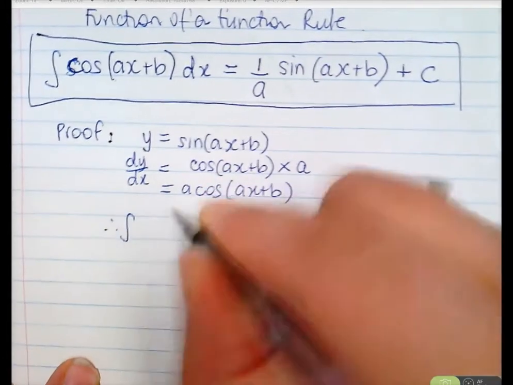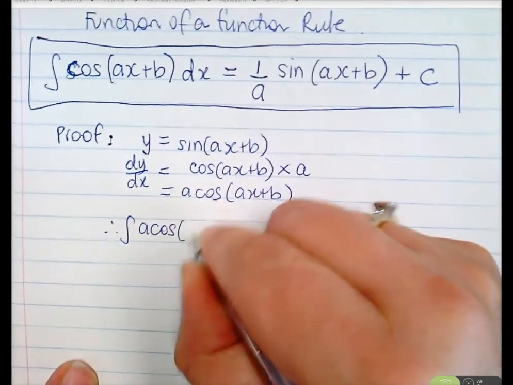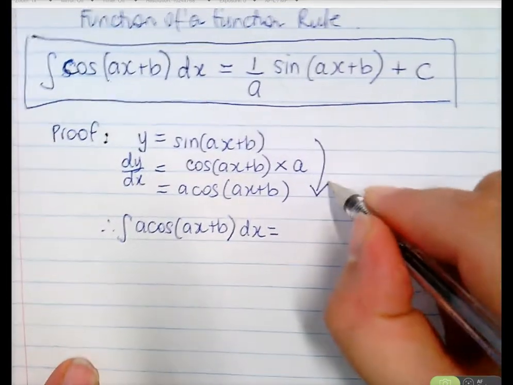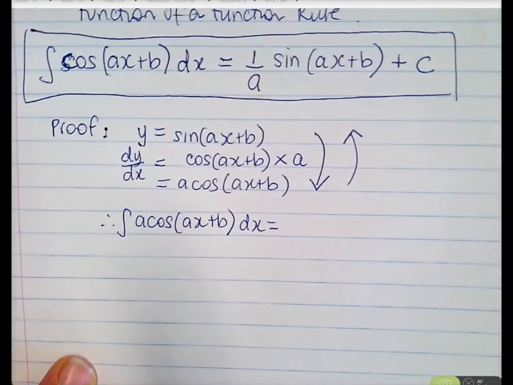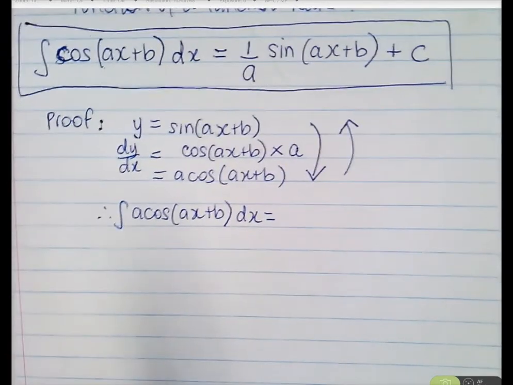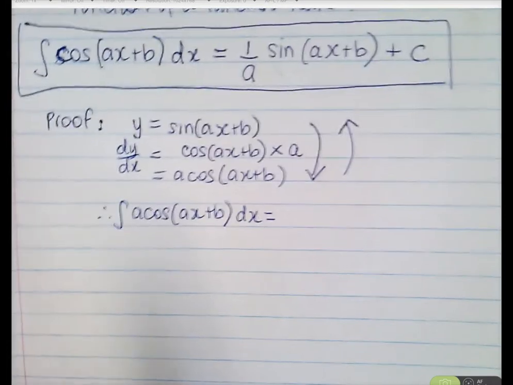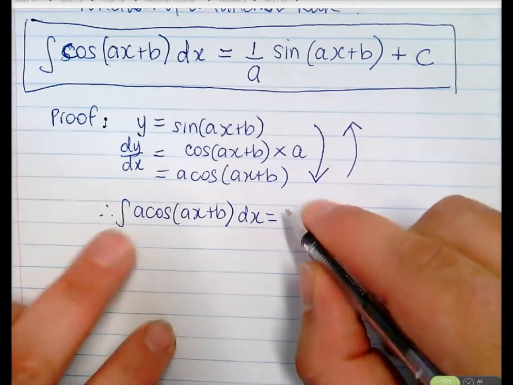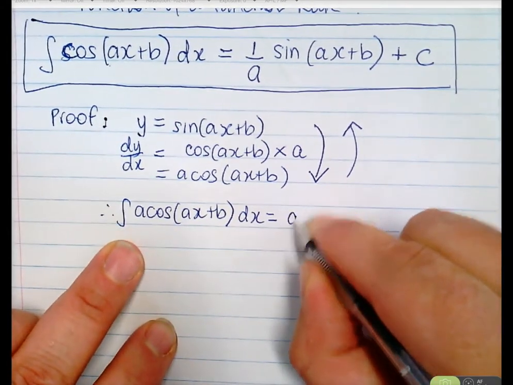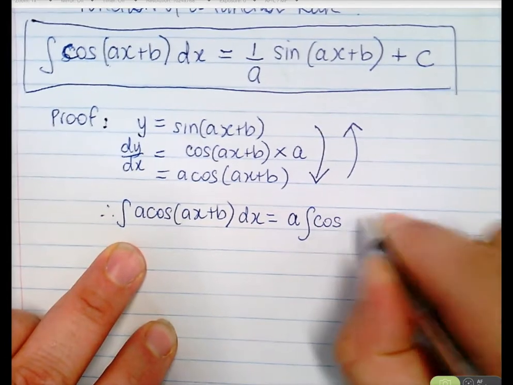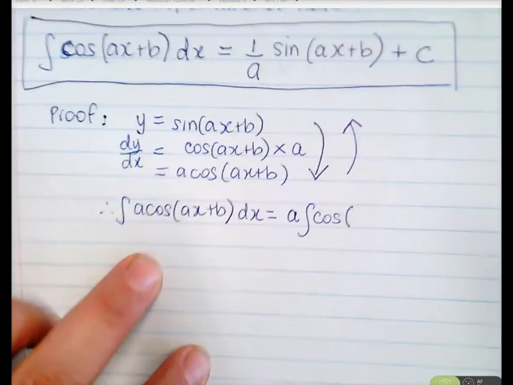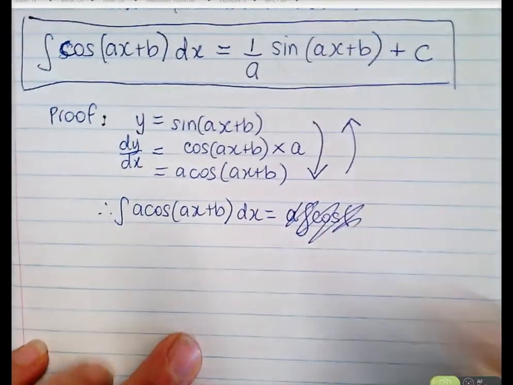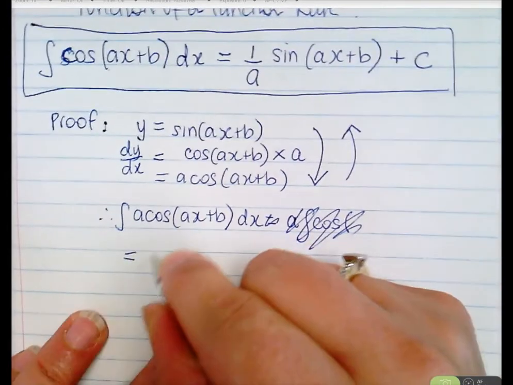So therefore, the integral of a cos ax plus b with respect to x. If you differentiate that, you get that. If you integrate that, you get the top. So if you integrate it with an a, you get the top, don't you?